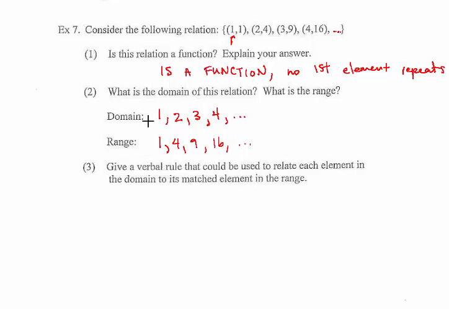Okay, domain first, range second part of the ordered pair. 3, give a verbal rule that could be used to relate each element in the domain to its matched element in the range. And this is where we kind of want to look and try to figure out the pattern. Given the first element, how is the second element found?